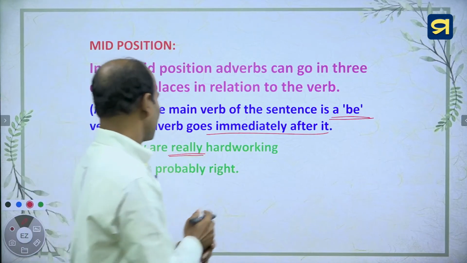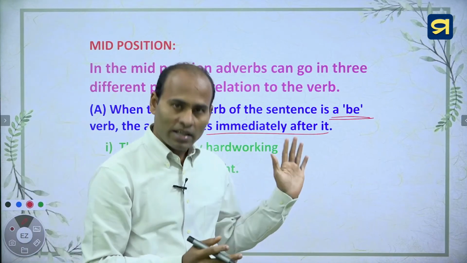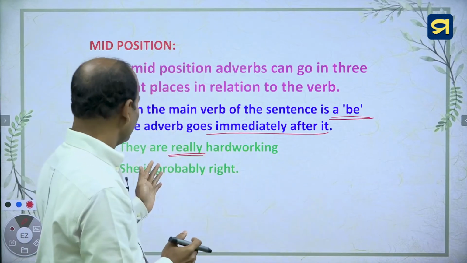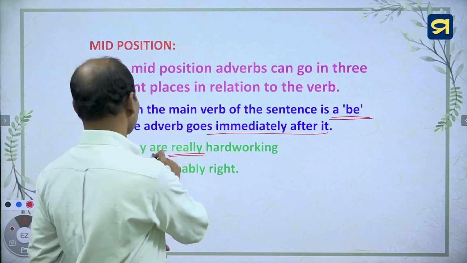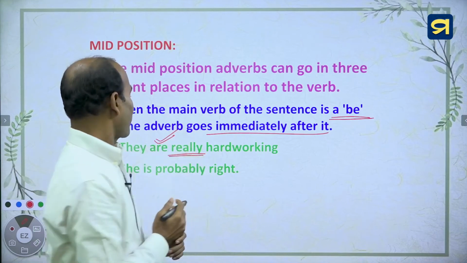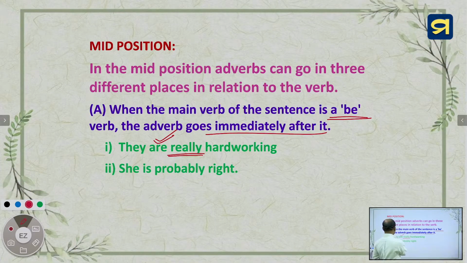Here you can mark that the adverb really is used just after the verb are. Okay? She is probably right. See the rule here. When the main verb of the sentence is a be verb, we have already discussed it, the adverb is used just after the be verb.